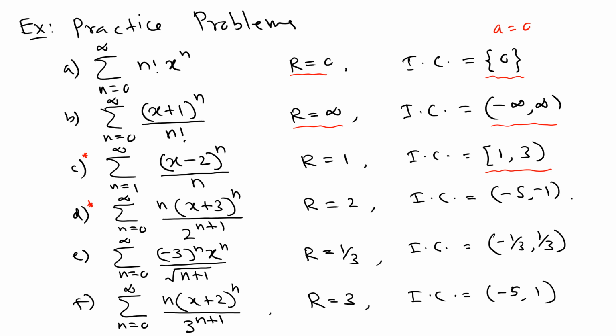So it's up to you whether you use it, but it's much easier if you do not see a factorial. For example, for the last 4, you can use the root test. For the first 2, you have to use the ratio test because there's a factorial term. Okay, so that's about that, and I hope this can help you for the exams.